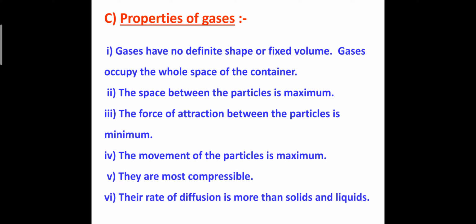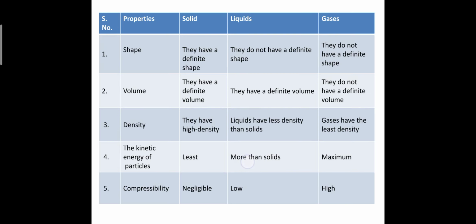Now, this was the explanation about solids, liquids and gases on the basis of their properties with the help of activities. Here is a tabular form of those properties to make your study easier. I would suggest you all learn this tabular form by heart, because this is one of the most important topics from the exam point of view of class 9th.